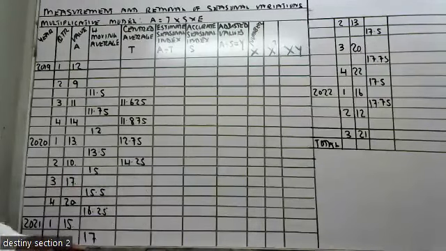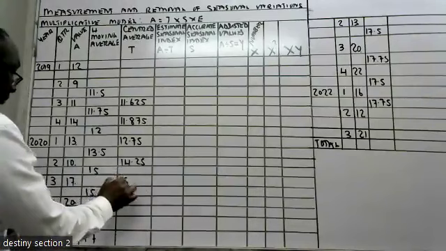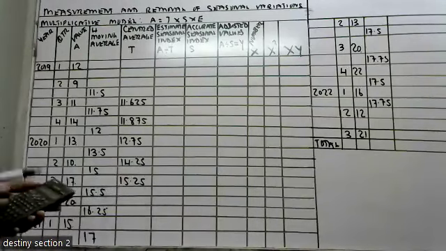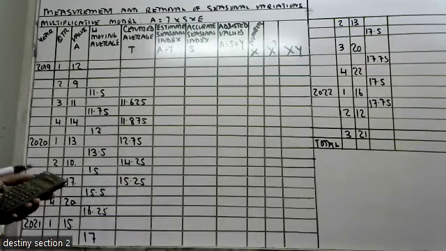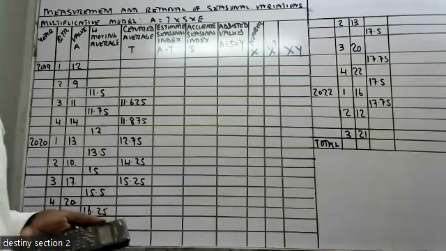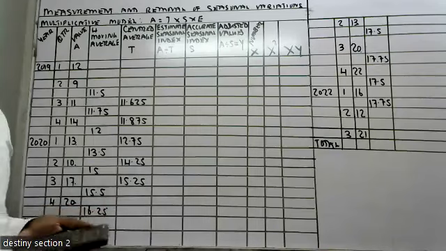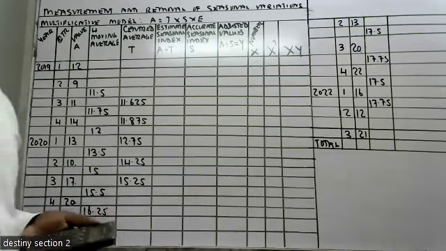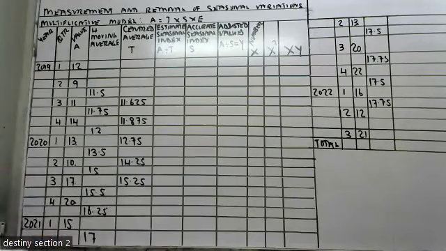I can see 15.25. Let's go to the next one. 15.5 plus 16.25 divided by 2. 15.875.